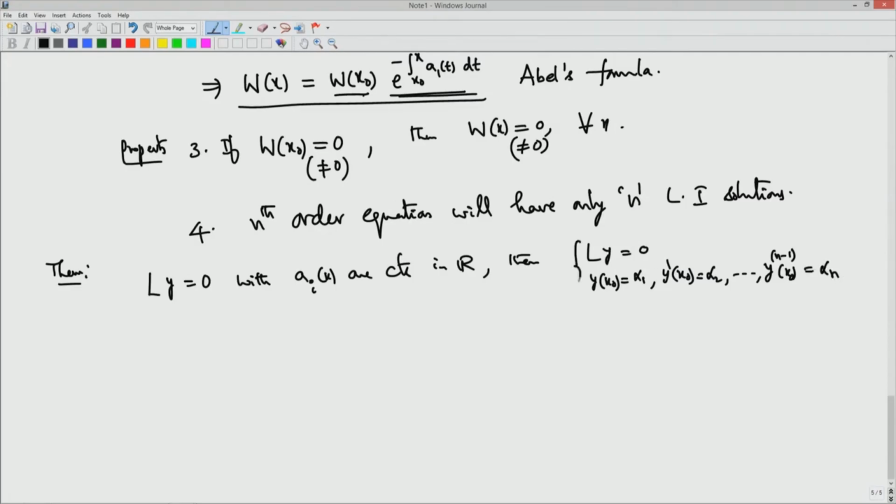This initial value problem has a unique solution yx, for every x in R.